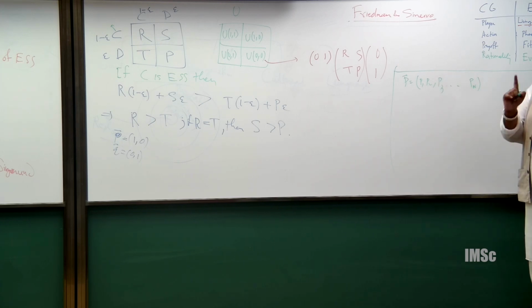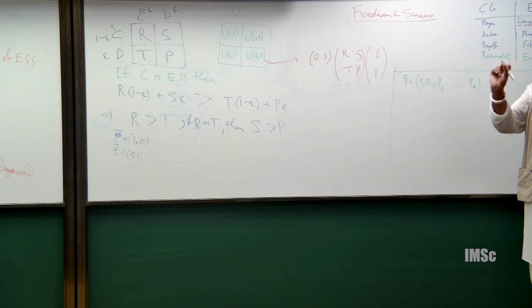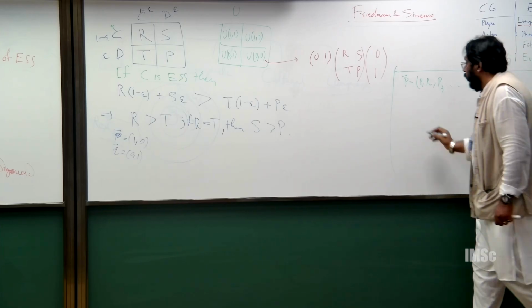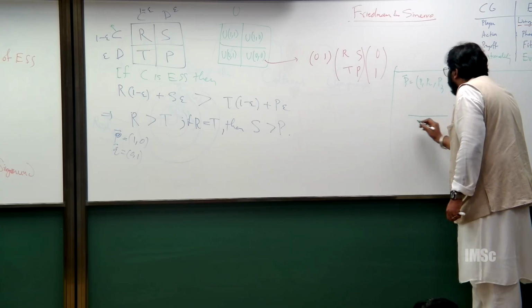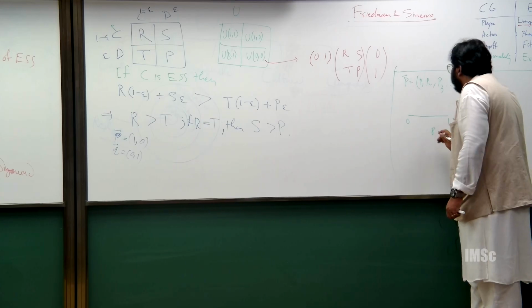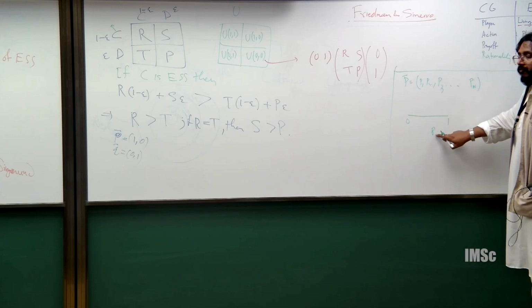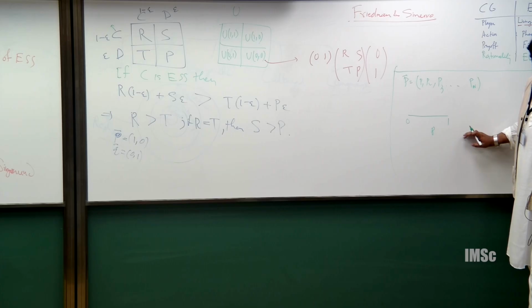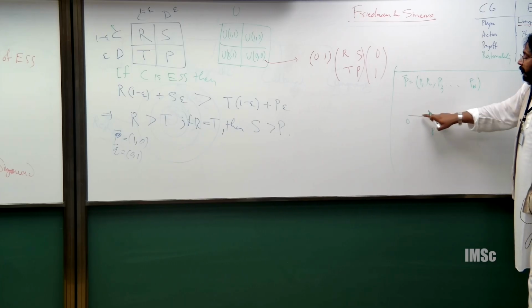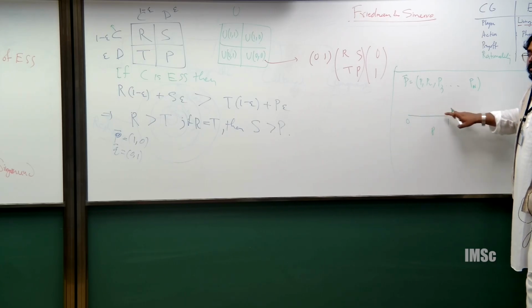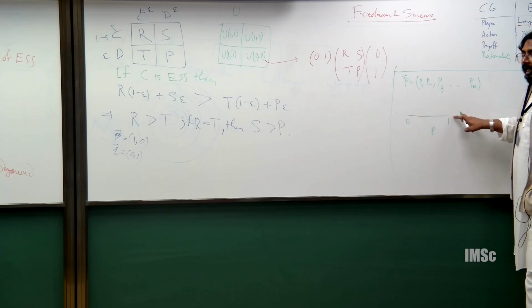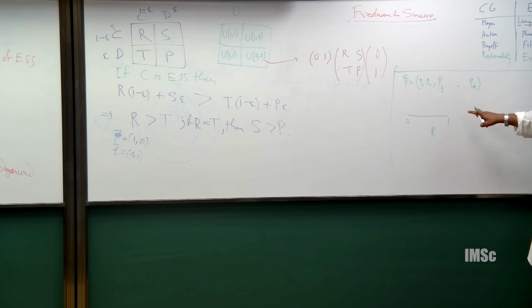If you have only P1 and P2, then of course it has to lie on a line, because once P is fixed, 1 minus P is fixed. So the most general support possible is the line. But suppose you have P1, P2, P3.